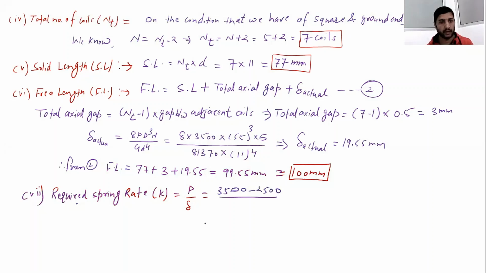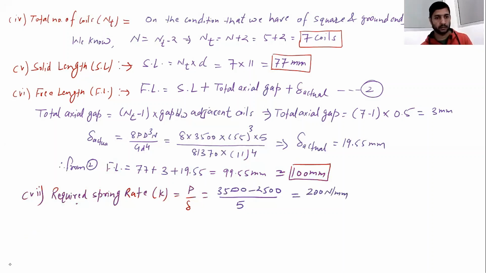So here you have to take the required spring rate as 3500 minus 2500 divided by deflection, that is 5 mm deflection. It was said that when the force is varying from 3500 to 2500, the approximate deflection is 5. So using this you will get the required spring rate, and it is 200 Newton per mm. Okay?